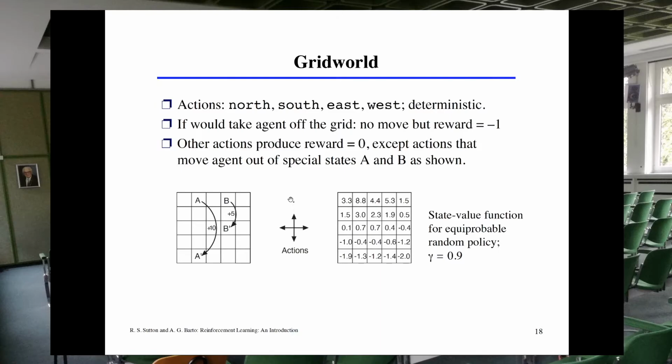By deterministic we mean that if we are in some state and we perform the action going east, it is with probability 1 that you will transition to the square to the right. If you are in a square and you apply action go north, with probability 1 you will end up in the square above the previous state. So this is a deterministic task. It's not a stochastic task.